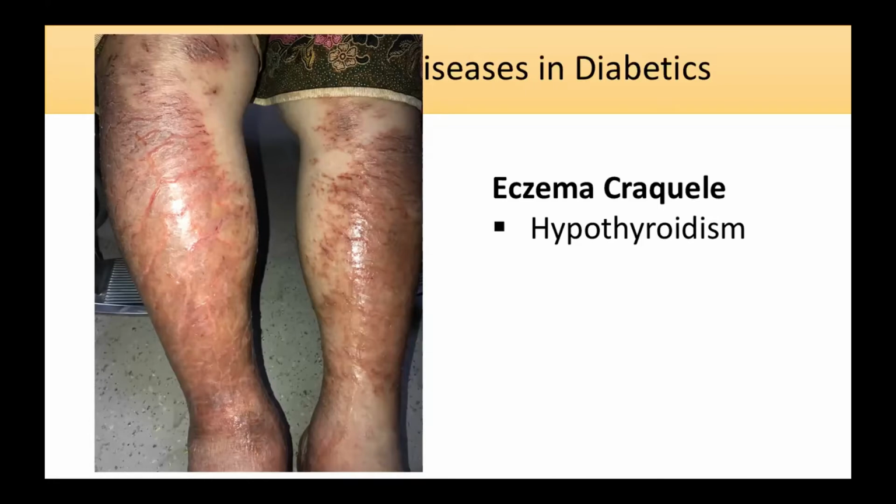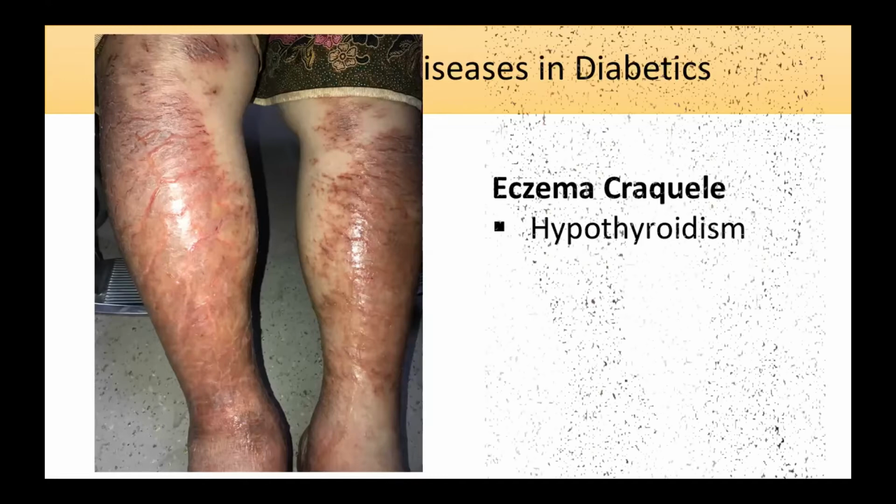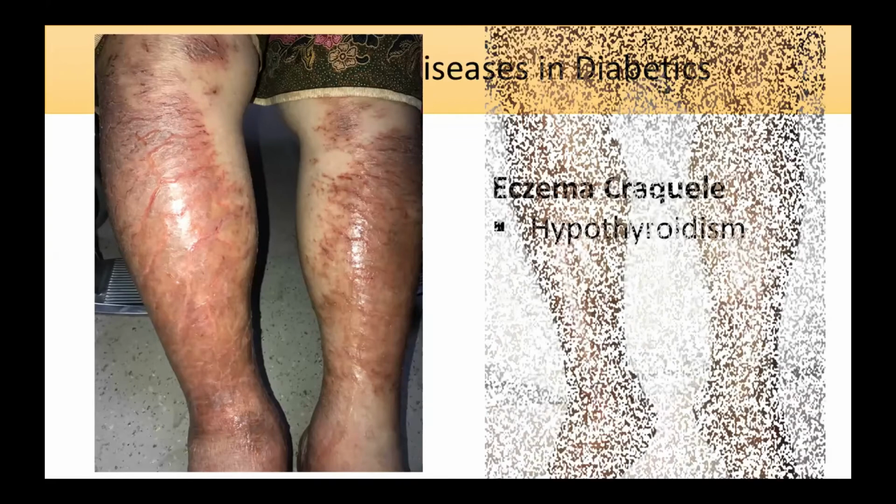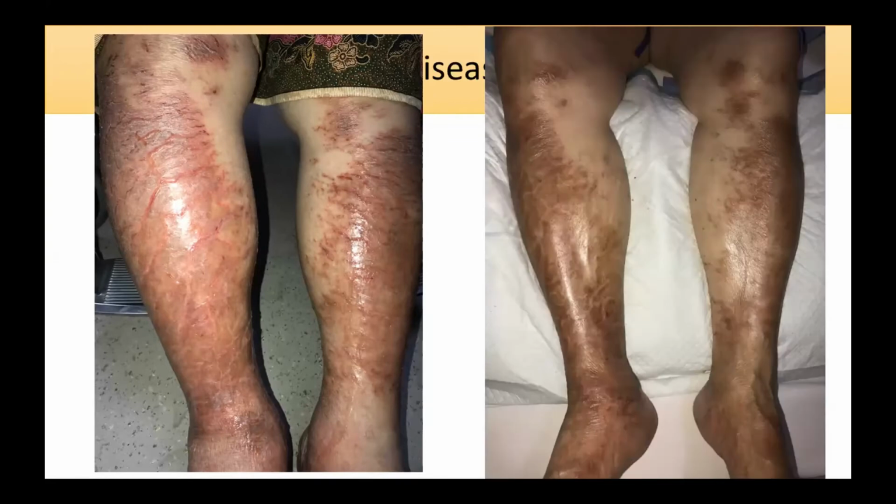We treat it to reduce inflammation of the skin, and after 1 week she's better. At least you can see that the itch and all the redness actually turned a bit darker, while the cracked skin actually repaired by itself. All right, so there is formation of good skin on top of that.